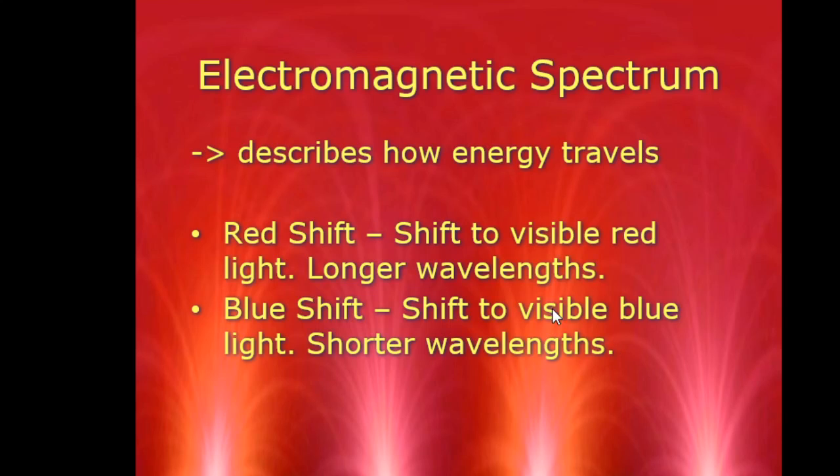We just talked about how wavelength is related to frequency and energy. Remember, they have an indirect relationship. So longer wavelengths will give me low energy, low frequency, and shorter wavelengths will give me high energy, high frequency, okay?